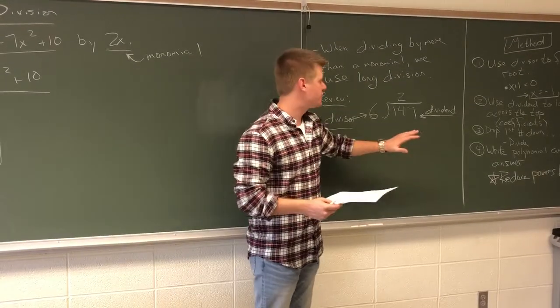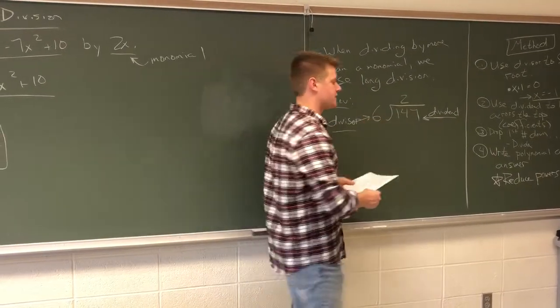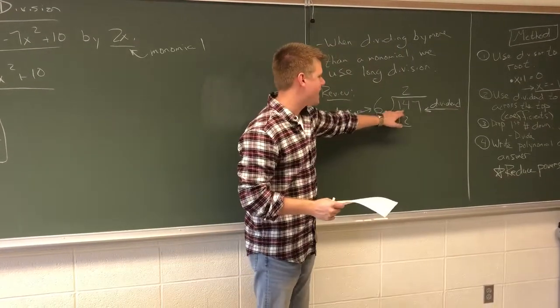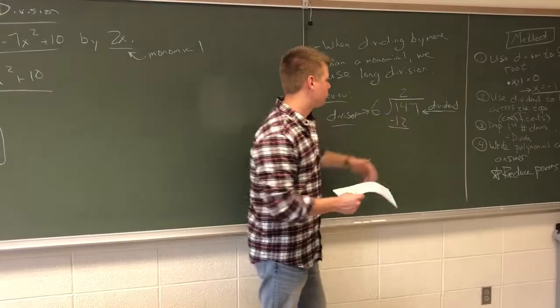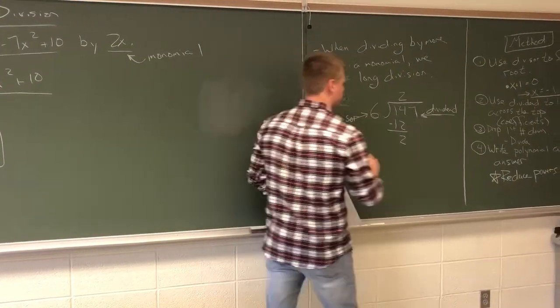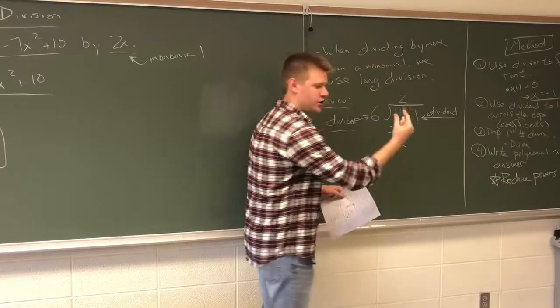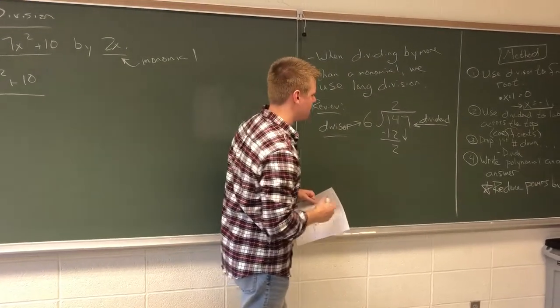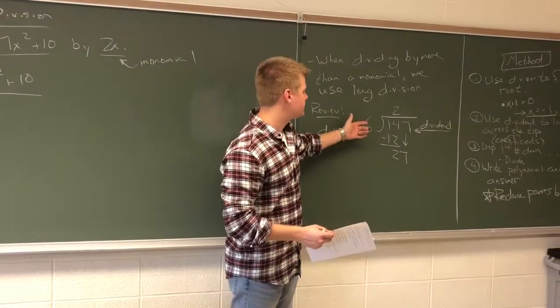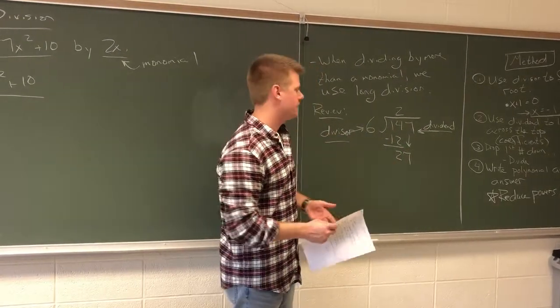Then to finish the division, 2 times 6, like we just said, is 12, and we subtract that from 14. 14 minus 12 is 2. Next part of the algorithm, we take 7, the next term that's there, and bring it down and ask the same question. How many times does 6 go into 27 evenly? The answer to that's 4.